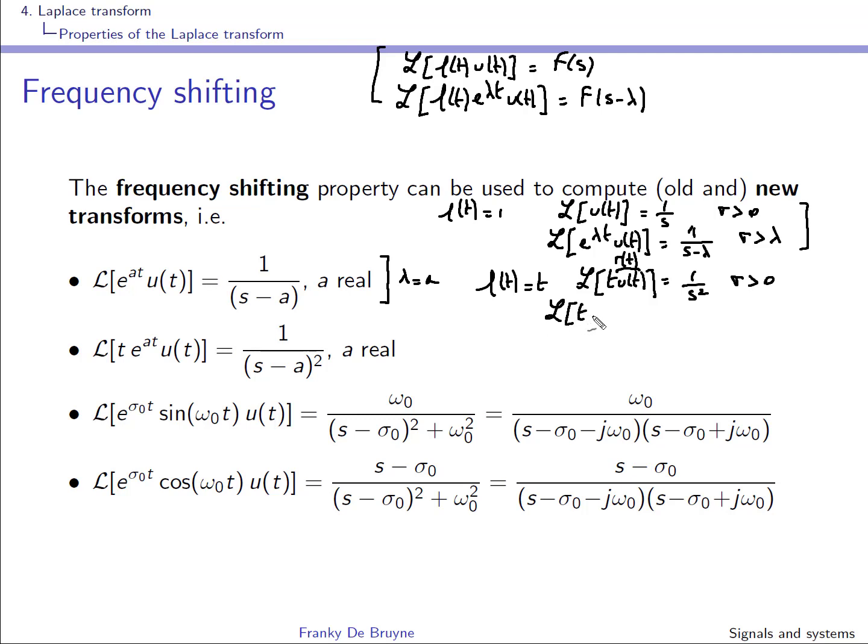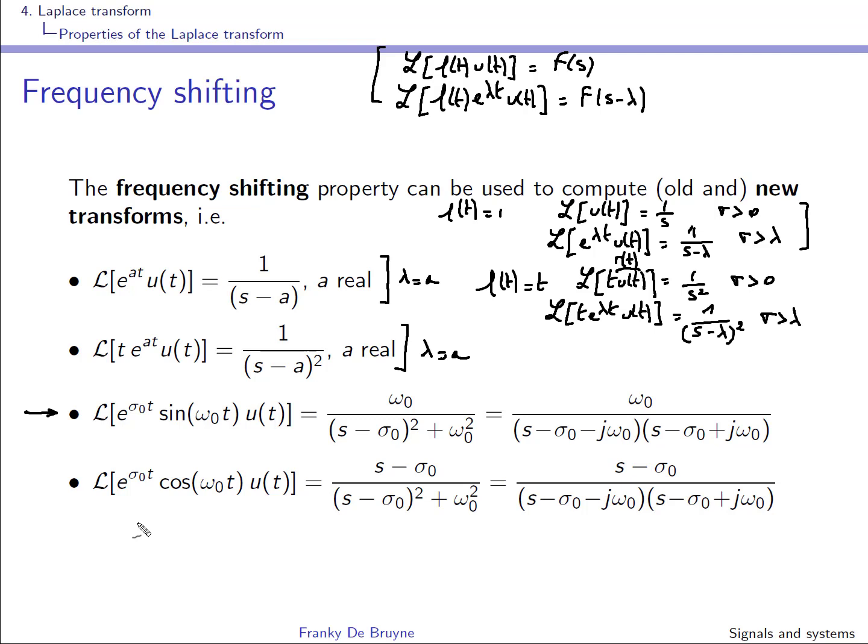So t e to the lambda t u of t, and this will yield 1 over s minus lambda squared, and the region of convergence will be shifted by lambda. Okay, so this is what we see over here again with lambda equal to a, and this is something that we can add in our catalog. It's new, right? So here we have two new functions that we can add in our catalog. I'll just show this one here, and I'll leave the other one as an exercise.